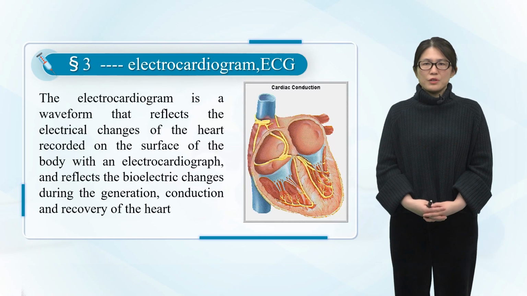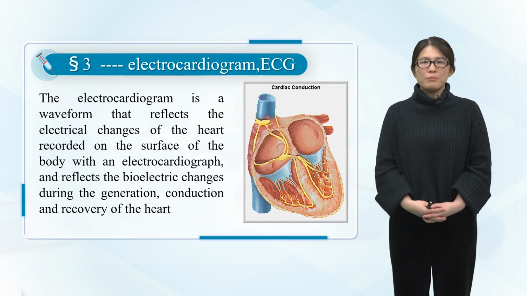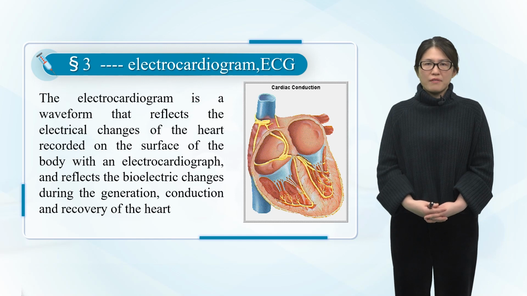The electrocardiogram is a waveform that reflects the electrical changes of the heart, recorded on the body surface with an electrocardiograph. It reflects the bioelectric changes in the production, conduction, and recovery of the heart excitement.